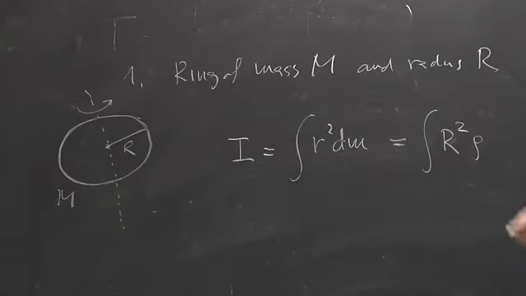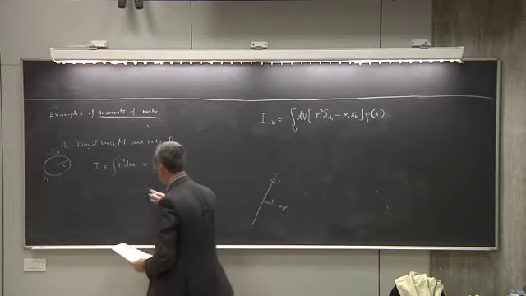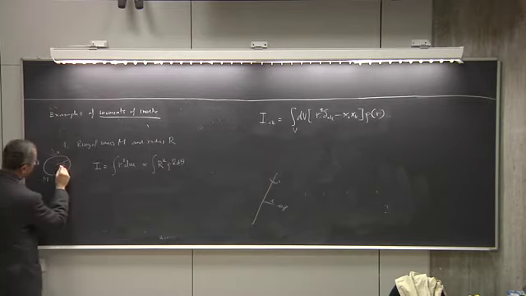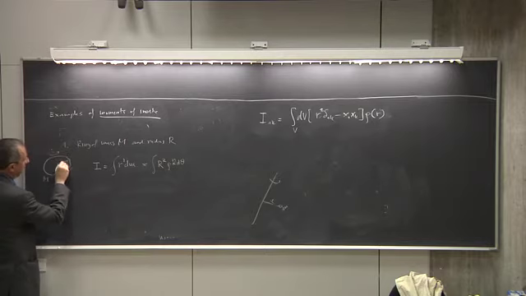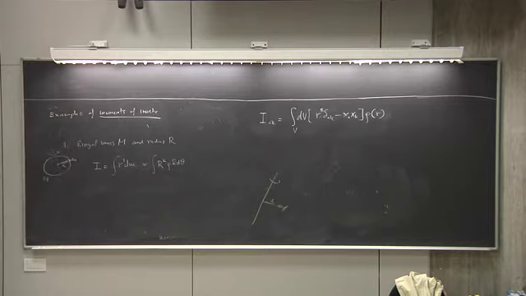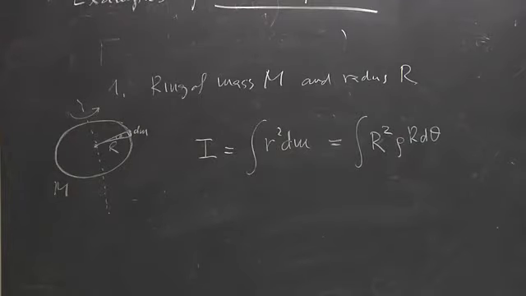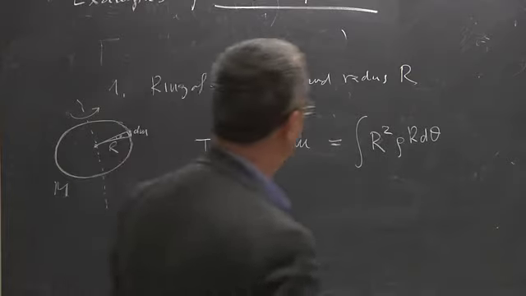Well, it's the density of mass, r d theta, right? So this is the little dm, where this is d theta. Do you like it, or you don't like it, but well, that's life.